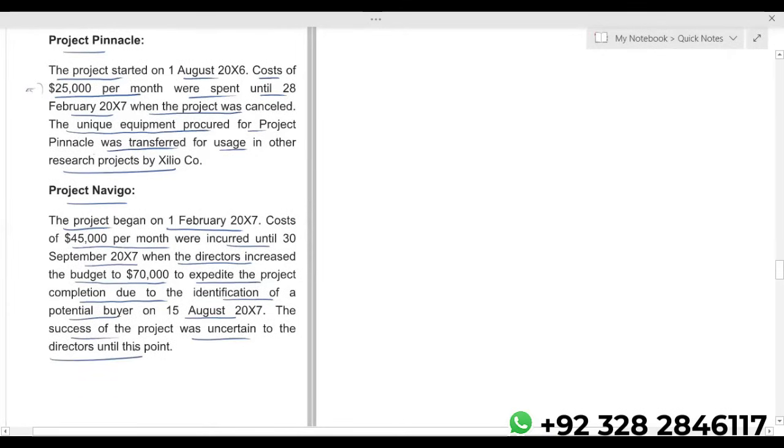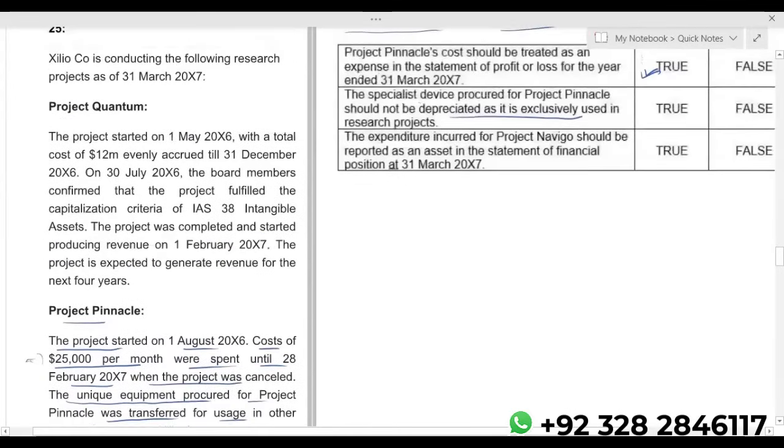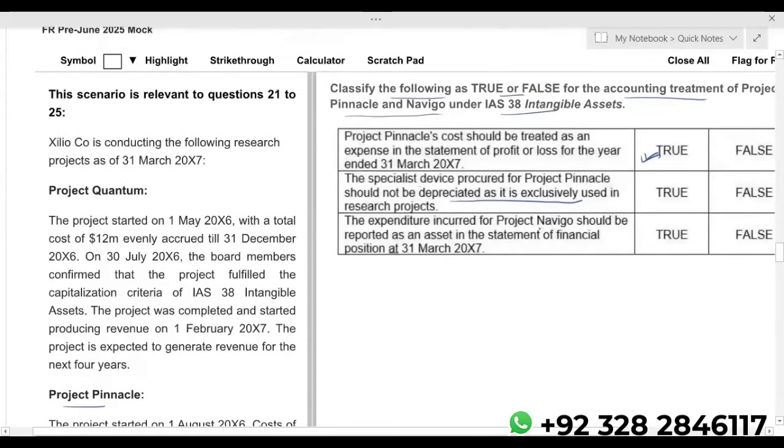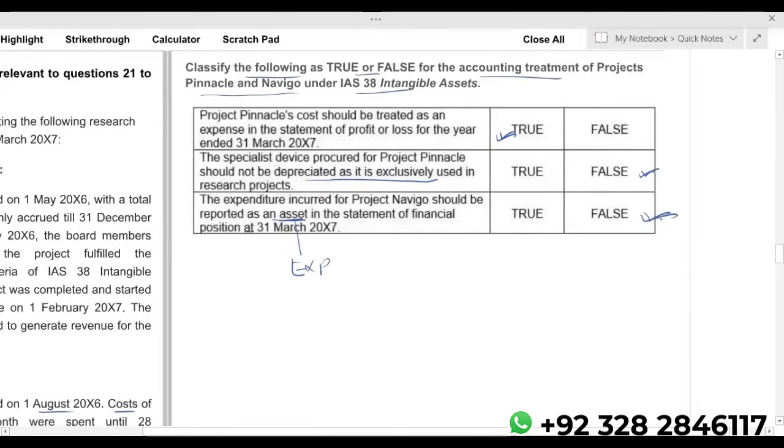Now listen, if till this point the project success was uncertain, whatever you have spent will be expensed out. The expenditure incurred for project Navigo should be reported as an expense. So that is false. True, false, false.